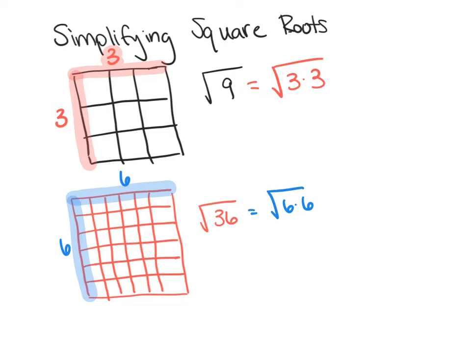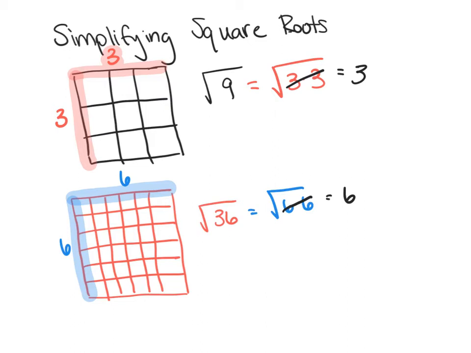And when you get these pairs, they end up canceling each other out, and you're left with just one from the pair. And so the one that's left from the pair goes in front of the square root, and you're left with the square root of 9 is equal to 3 here. 6 times 6, again, one from the pair comes out, and the square root of 6 times 6 is 36, or the square root of 36 is 6.